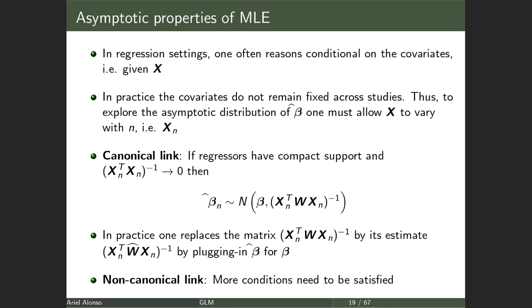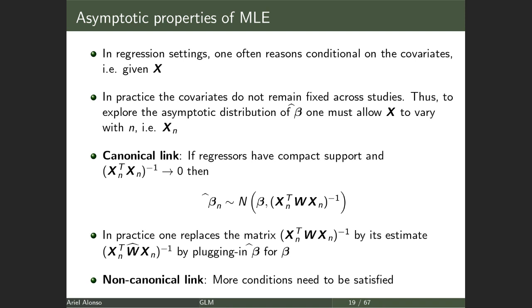It is asymptotically unbiased. It is asymptotically efficient because it reaches the lower bound of the Cramer-Rao inequality, so it's the most precise estimator you can have. It is asymptotically normal, it is consistent. So in asymptopia, the maximum likelihood is your best choice. It will satisfy all these properties we saw before.